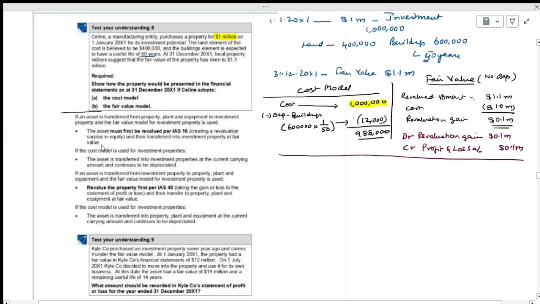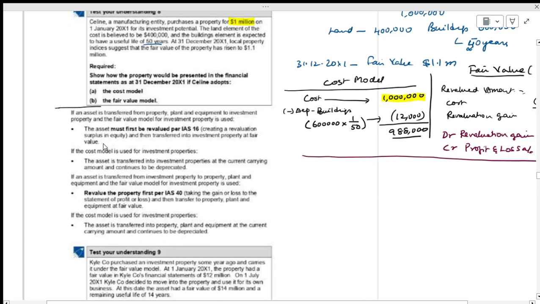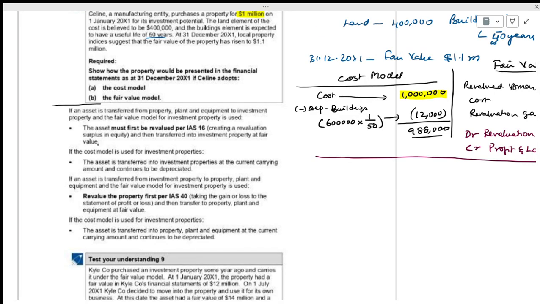if the asset is transferred, you will have so many issues.